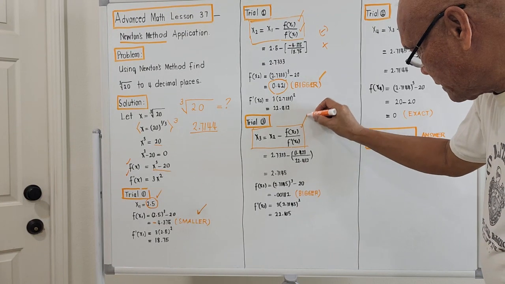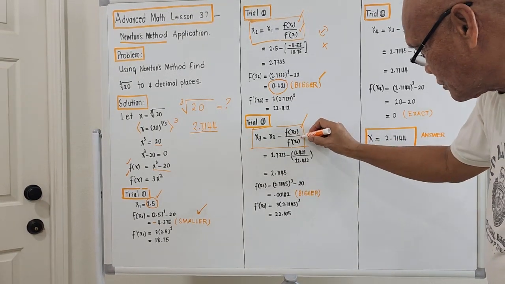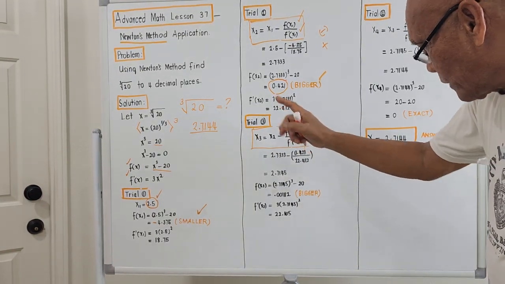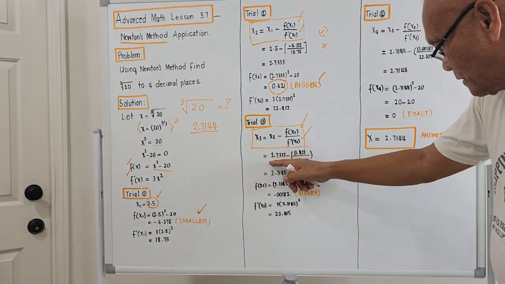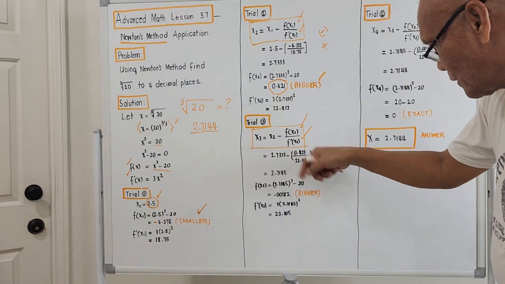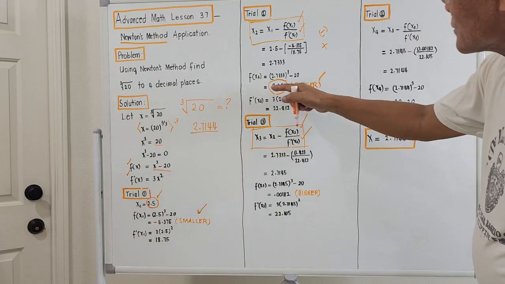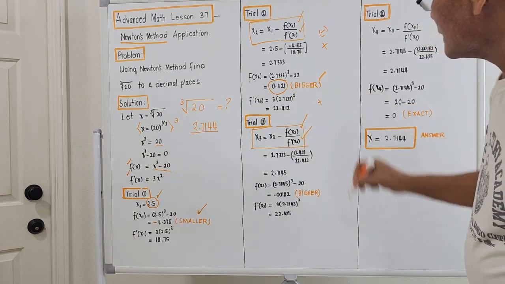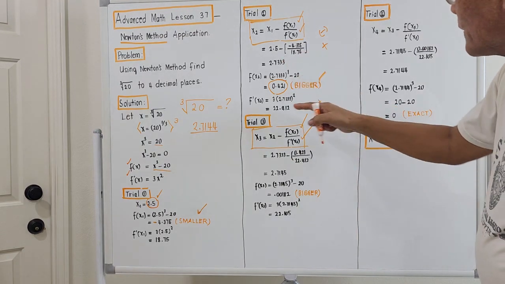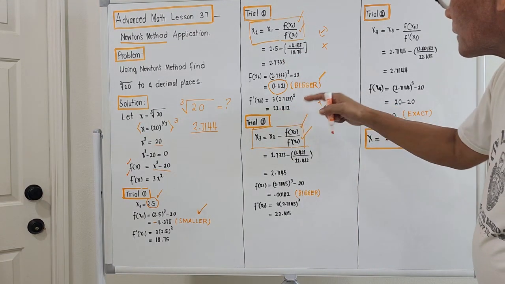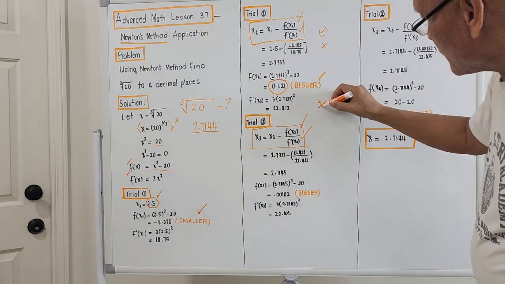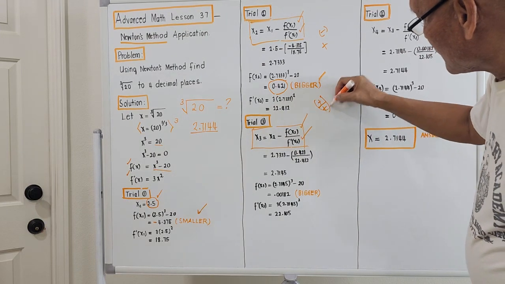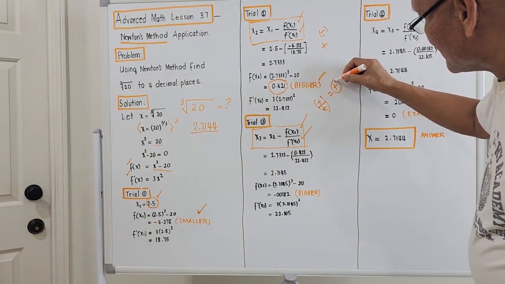We know this one already, and so with this one, x3 now will be 2.733 minus open quantity. Function of x2 is actually 0.421. It is plus. Okay? And f prime of x2 is actually 22.412. It is also a plus. So a plus and a plus will still be a plus.